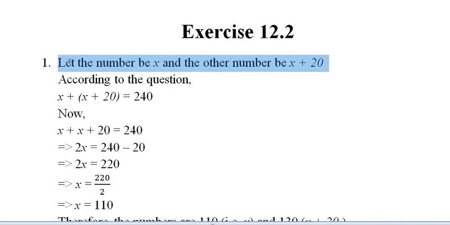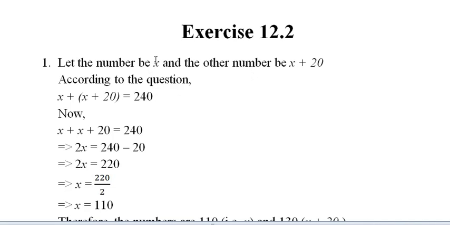So this is your first statement. To do the word problems, you must use the statements. That is why these types of questions are called word problems. We have assumed the smaller number to be x and the greater number to be x plus 20, and the sum of these numbers is 240.